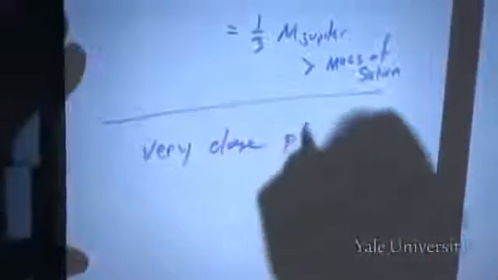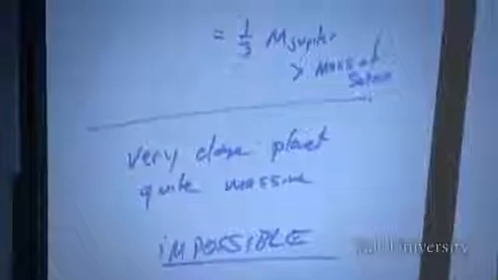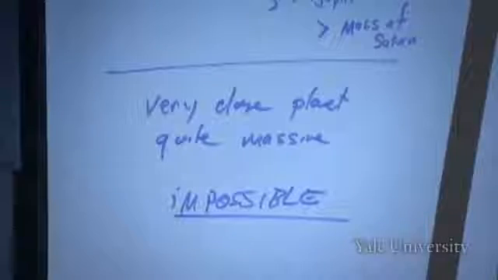And now the very first planet we go out and find turns out to be a very close planet that's quite massive. And this is impossible, according to this nice little theory of planetary formation that I promulgated to you earlier in the lecture. And so the very first planet that was observed turned out to be a screw-up.